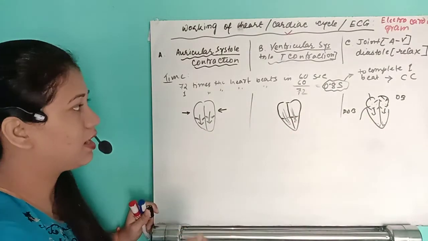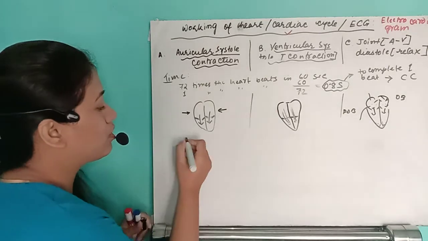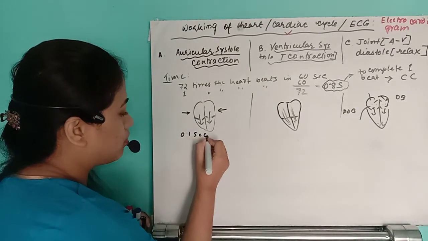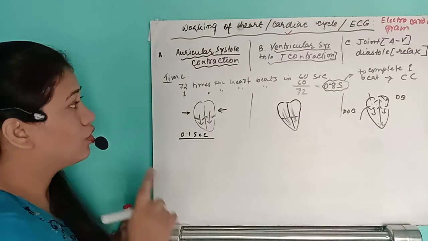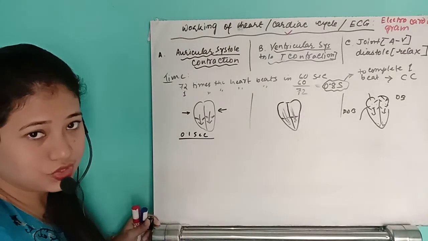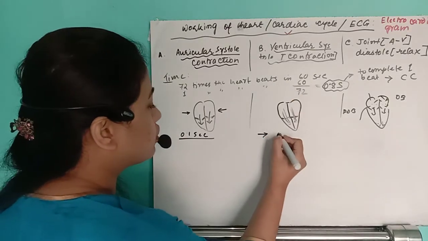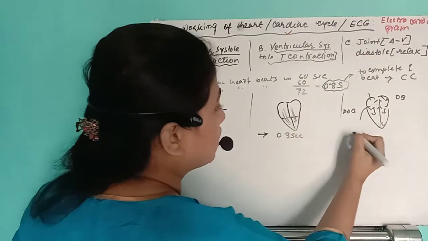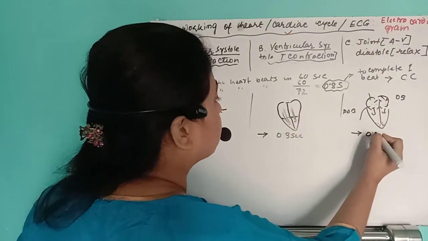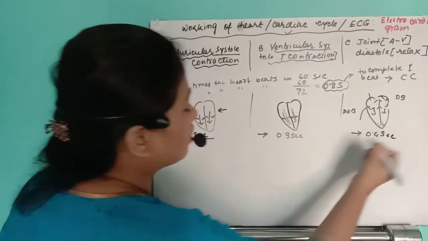So the auricular systole, the auricular contraction, will require 0.1 second. Remember, 0.1 second will be required by the heart to complete the auricular systole. Next, to complete the ventricular systole, 0.3 second will be required, and for the joint diastole, the heart will require 0.4 second.